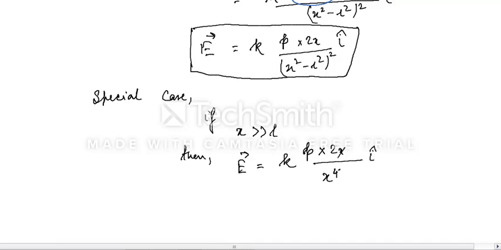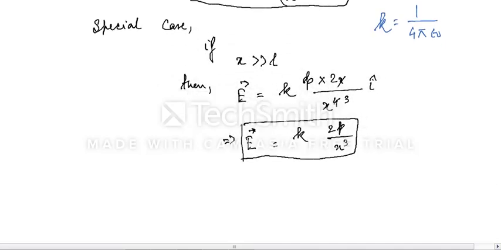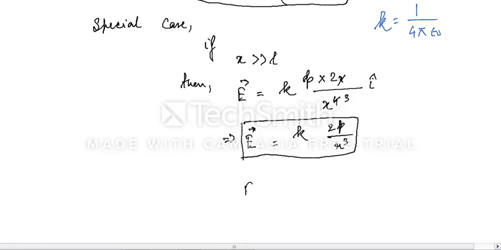So the electric field E is coming out to be k into 2p by x cube. And of course k resembles 1 by 4 pi epsilon 0. So if anyone writes the formula like this, don't be afraid. It can also be written like this: E equals 1 by 4 pi epsilon 0 times 2p by x cube.